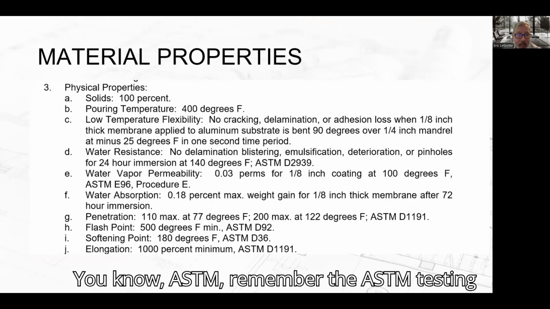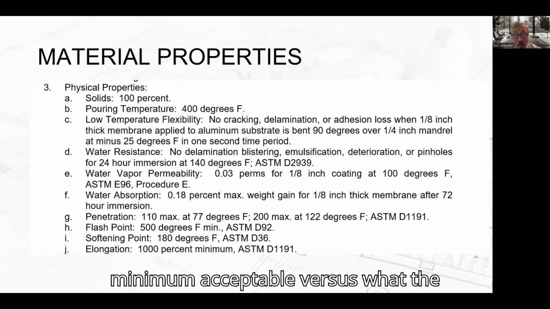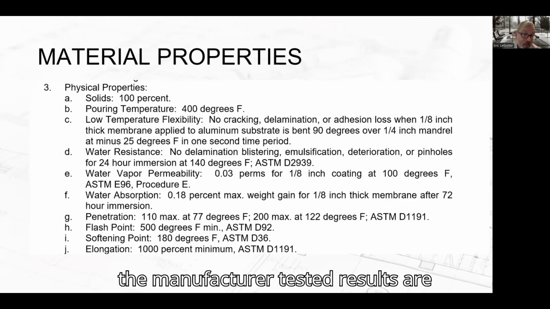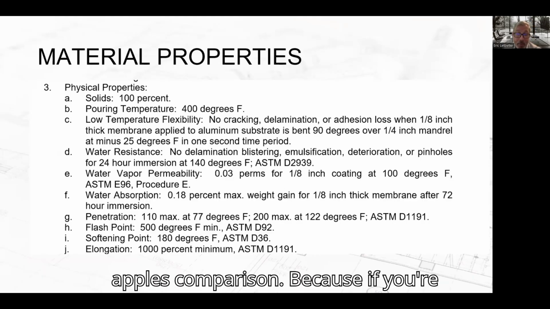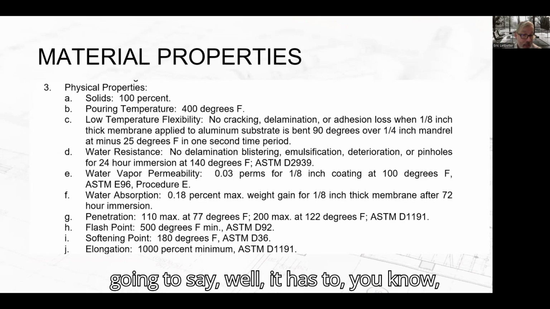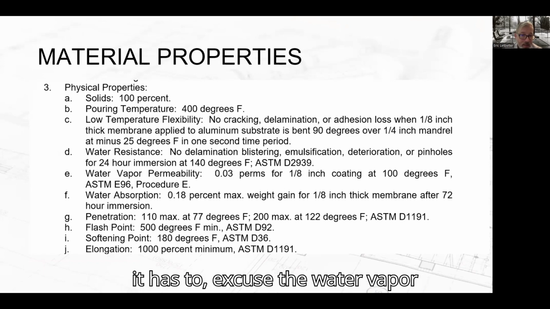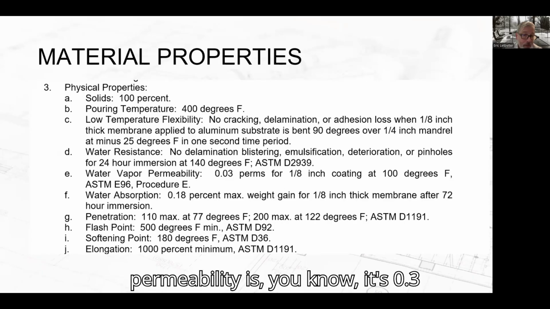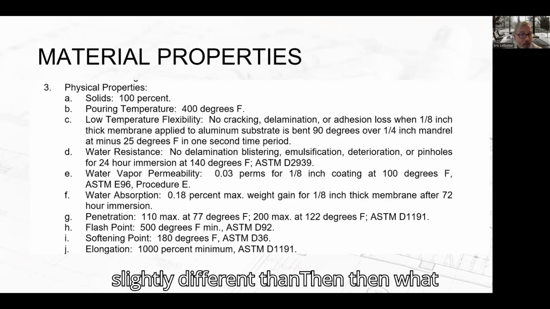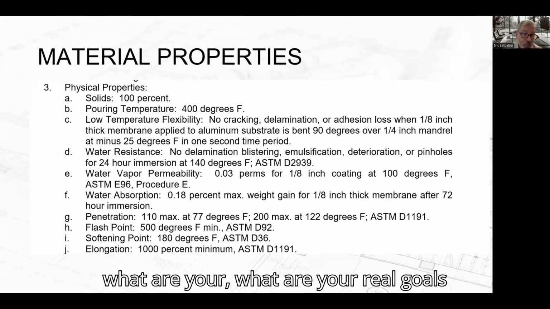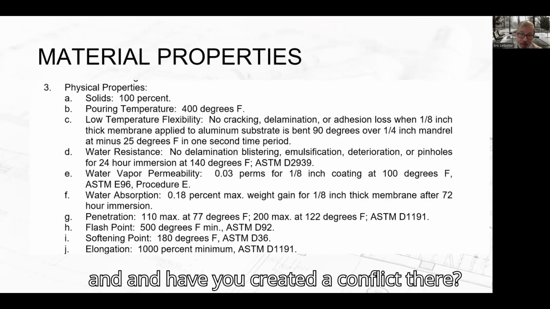Remember the ASTM testing standards should be the minimum acceptable versus what the manufacturer's tested results are, in order for you to get an apples to apples comparison. Because if you're going to say, let's use the water vapor permeability, it's 0.3 perms, but if the ASTM allows something slightly different, then what are your real goals, and have you created a conflict there?